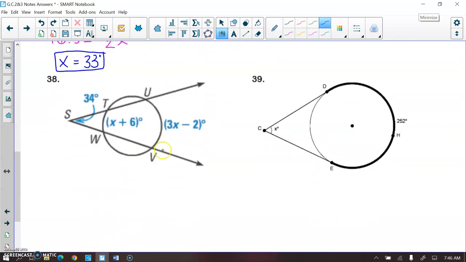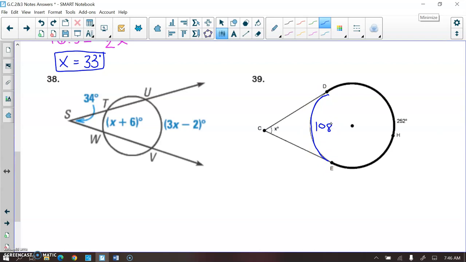All right, the next one. I'm going to actually jump to number 39 real quick, just in case I run out of time. So for this one, a full circle equals 360 degrees. So if I do 360 minus 252, I get that this arc is 108.